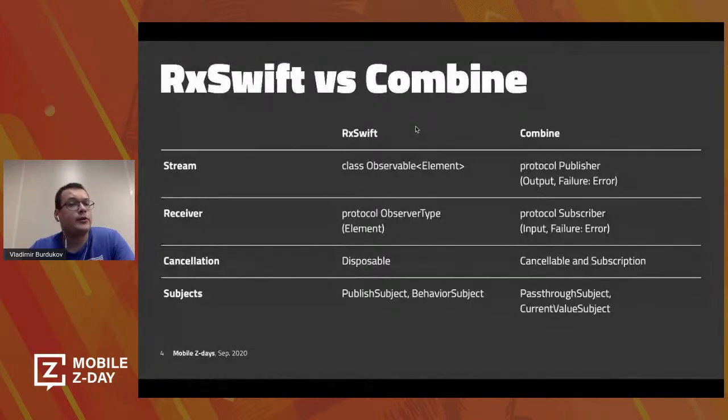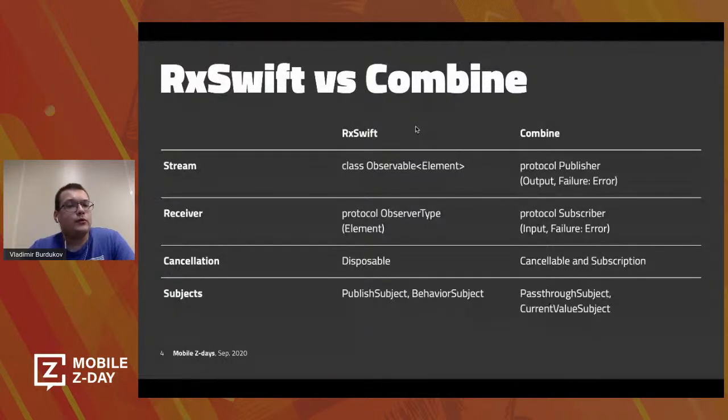To implement a receiver, we use the protocol ObserverType in RxSwift and the protocol Subscriber in Combine. Both of them have associated types to declare the input or element which this observer or subscriber can consume. And in Combine, again, we need to declare a failure type for our subscriber.